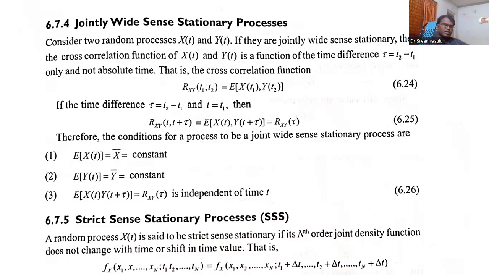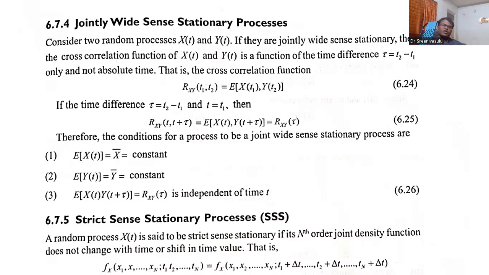Previously, it was a single random process at different times. Now, two random processes. Suppose we consider two random process signals, one is x of t, another one is y of t. They are jointly wide sense stationary if we calculate the cross correlation between these two random processes and it is independent of time, so we can say that it is jointly wide sense stationary.